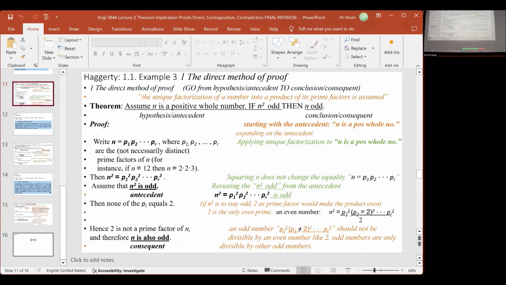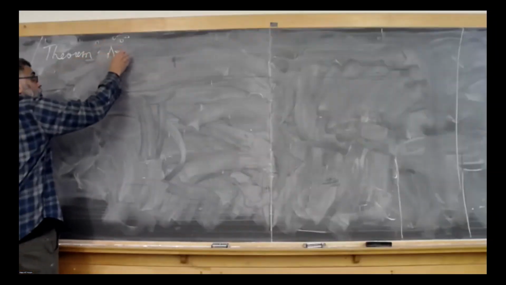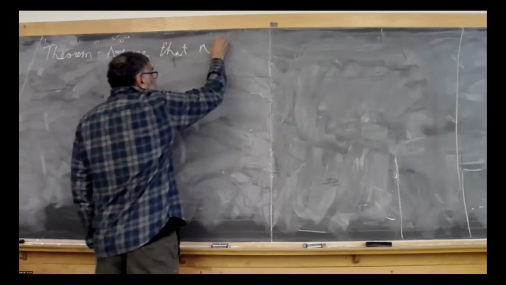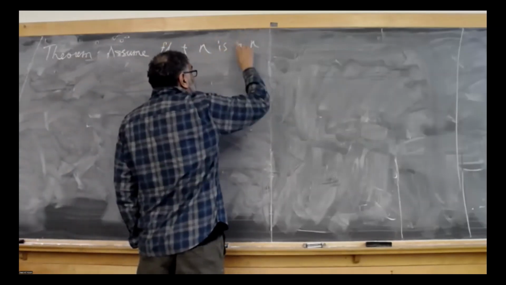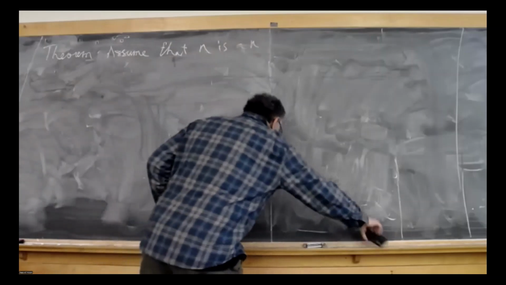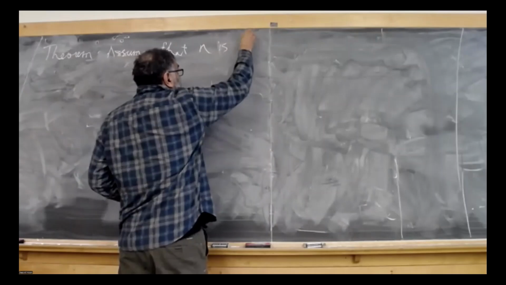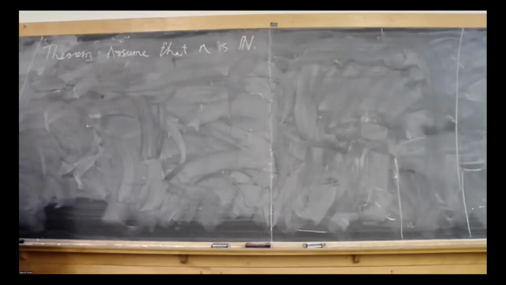What I want you guys to do is go ahead and read this. Then I'm going to do this on the blackboard, while I take attendance. Assume that n is, and I'm changing it from the slide, a natural number, just to shorten it a little bit.